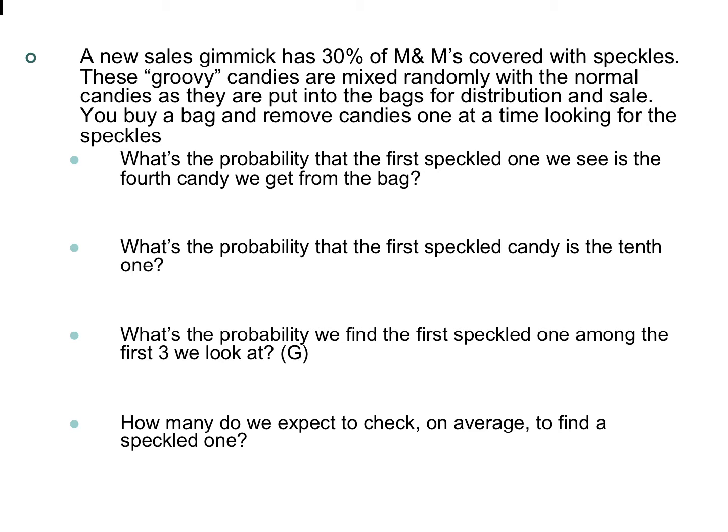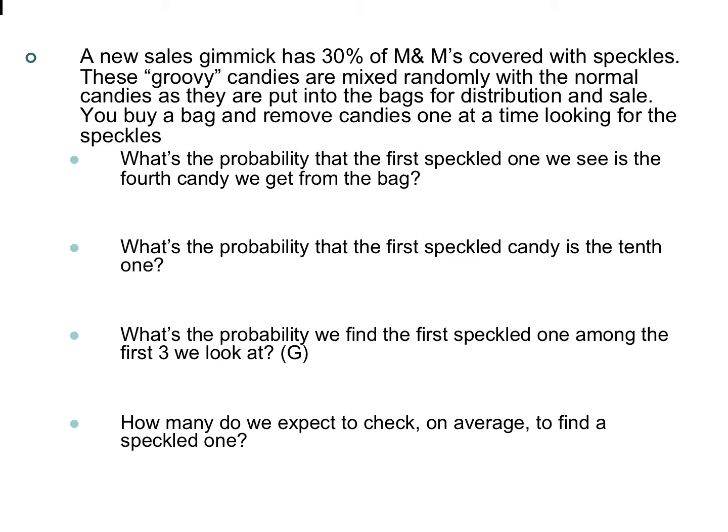So what is the probability that the first speckled one we see is the fourth candy we get from the bag? So the first thing and the hardest thing usually in this chapter is determining whether it's geometric or binomial. Geometric is one success on a specified trial, the last trial. So you have a bunch of failures and one success at the end. Binomial is you have a set number of trials.